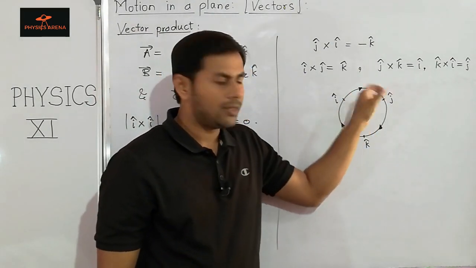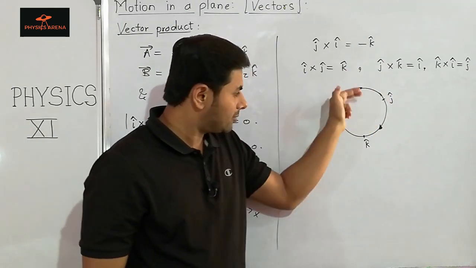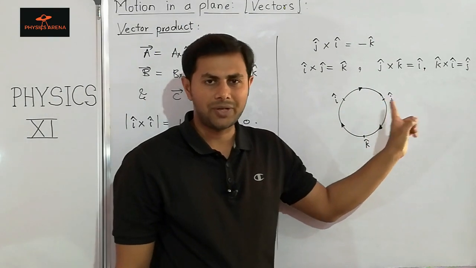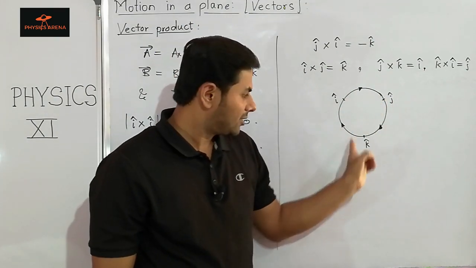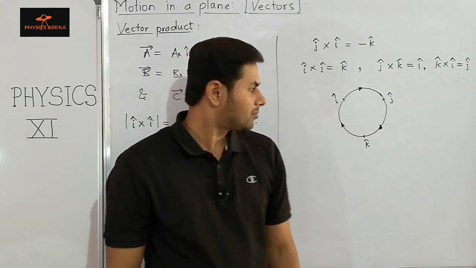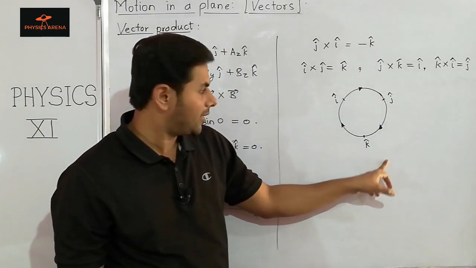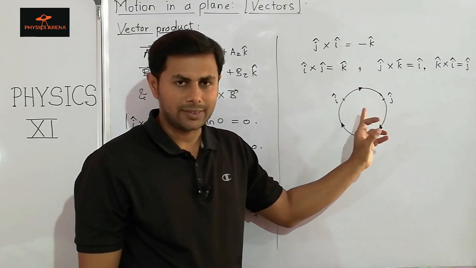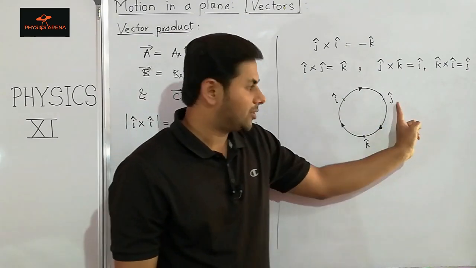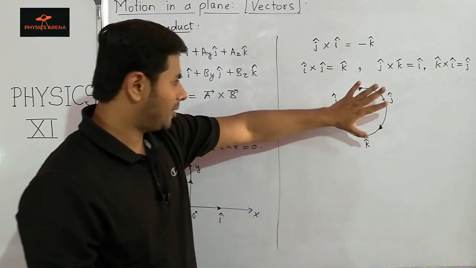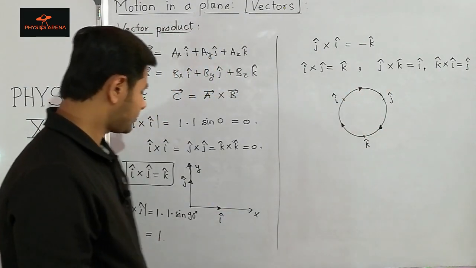If you are going in the direction of the arrow, the result will be positive k. If you are going in the opposite direction, if you are taking j cross i, then the result will be negative k. Similarly, j cross k, in the direction of the arrow, the answer is i. k cross j will be minus of i. So we have to memorize only this much.